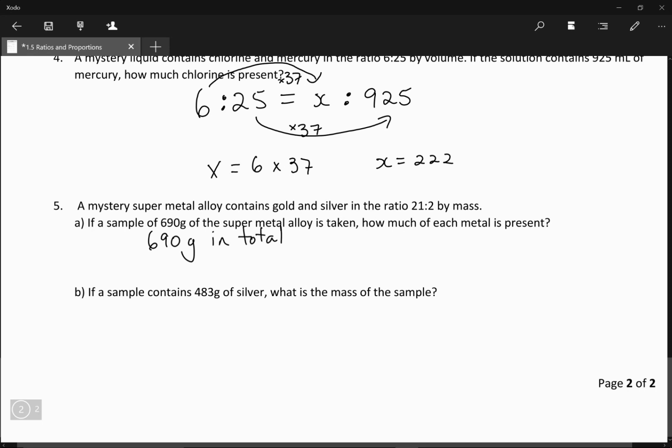Okay, and we know that the total parts is equal to, there's 21 parts gold and 2 parts silver. If I add those two together, in total we have 23 parts. So if we have 690 grams and I divide that by 23 parts, then I'm going to have 30 grams per part.